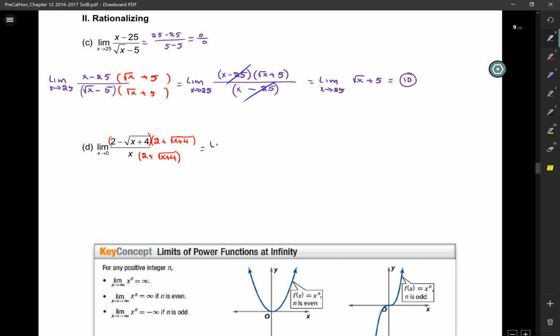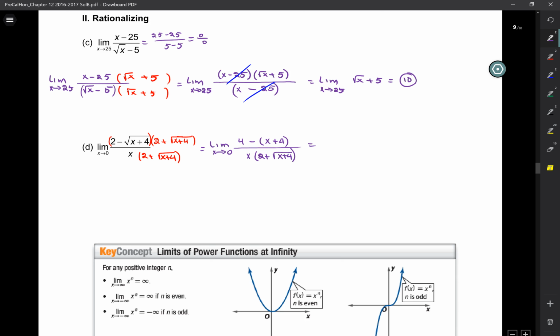So this is the limit of, okay, so the top, I have 4 minus x plus 4. You multiply the one that you're rationalizing, not the other one. So here it's just going to be x times 2 plus root x plus 4.